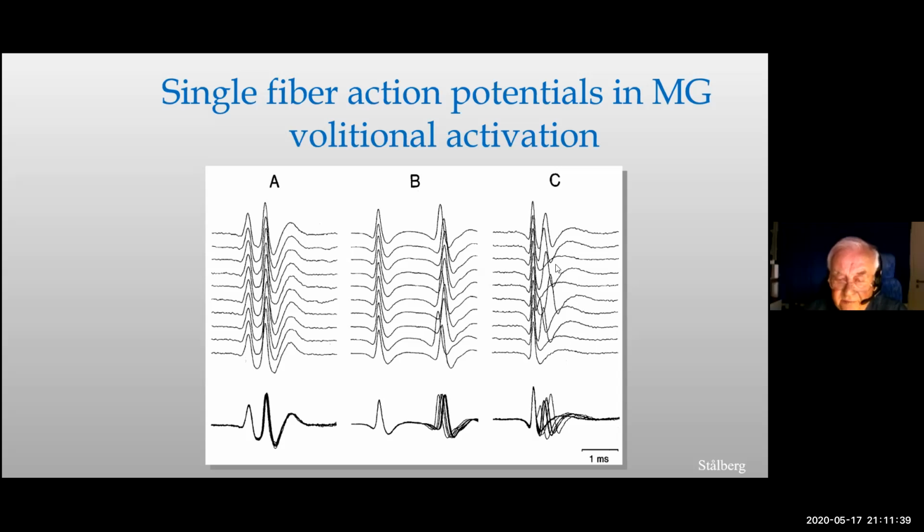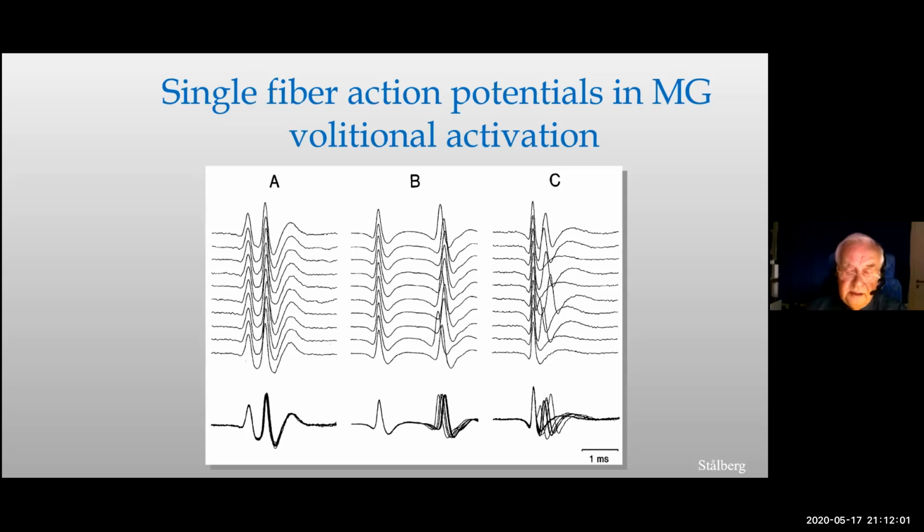And this gives a decrement on repetitive nerve stimulation, and this gives weakness. But this is the heart of the technique, that here we have a disturbed neuromuscular transmission, but all impulses are passing, and we can easily wait for 100 microseconds.